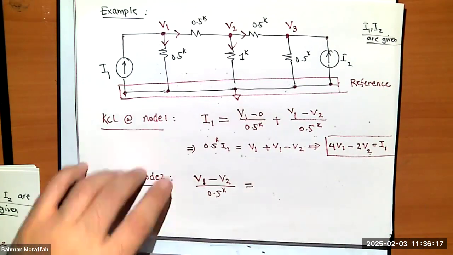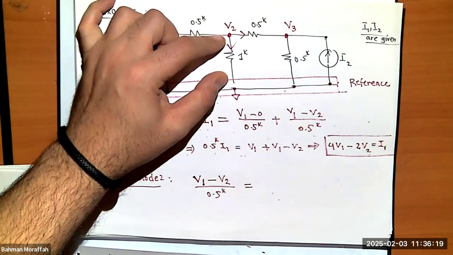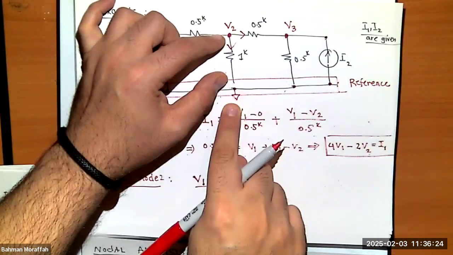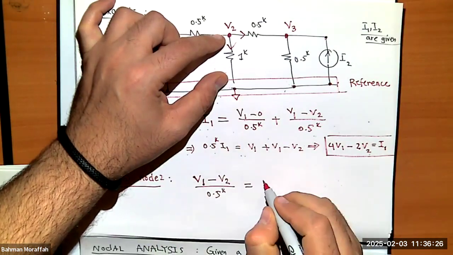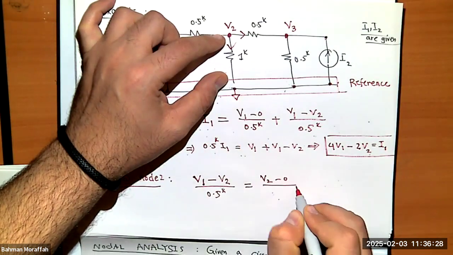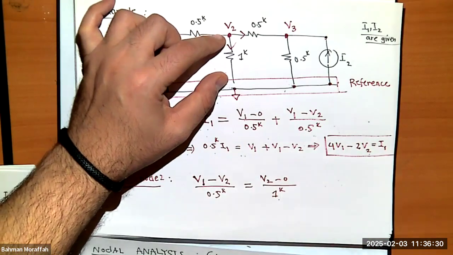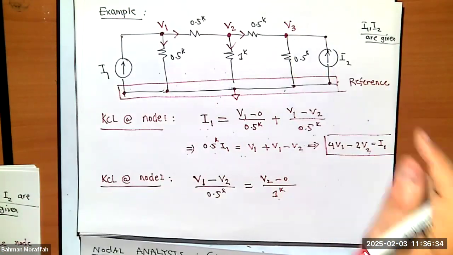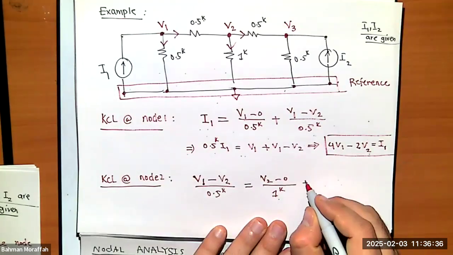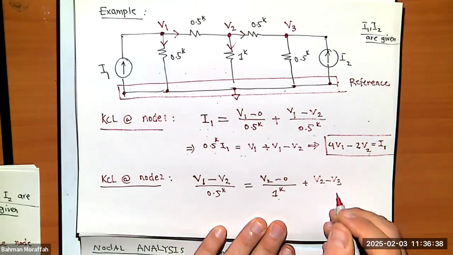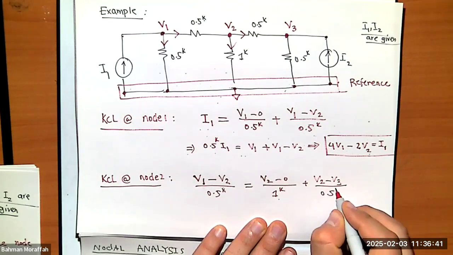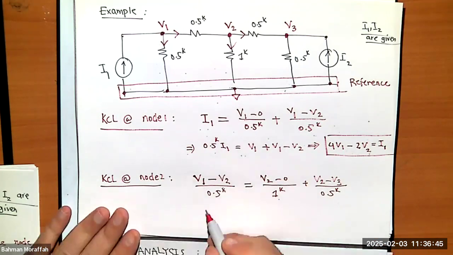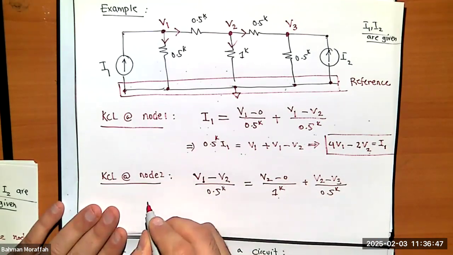So that equals, what is the current here? It's V2 minus the voltage at the ground, which we assumed is 0. So it's V2 minus 0 divided by 1K. How about here? What is the current here? It's V2 minus V3 divided by 0.5K.